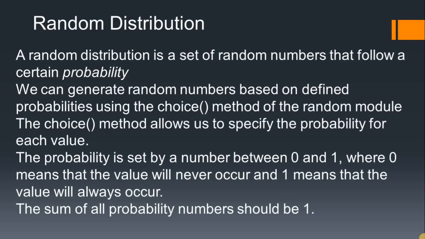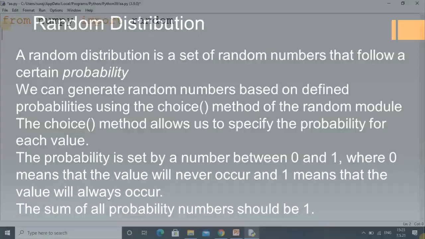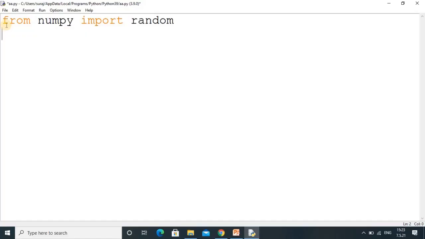Now we will go to the practical session and see how we can set the probability. We are in the Python editor. For random data distribution you have to import the random module, which we already added. I am taking a variable x, and you have to use the choice method for setting values in a random way.